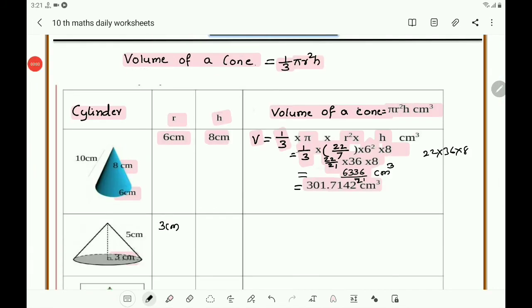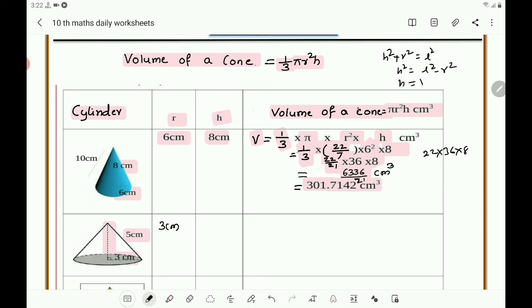Now let us take one more example. Here in this figure, R is 3 centimeter and this is 5 centimeter, that is the slant height. And here we have to get H. You know the relation among H, R, L. What is that relation? L square equals, or you write H square plus R square equals L square. So H square equals what? L square minus R square.